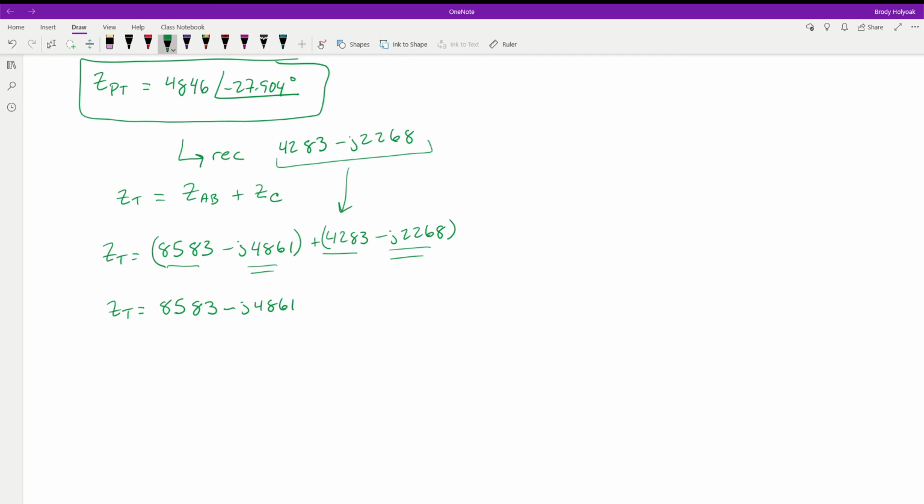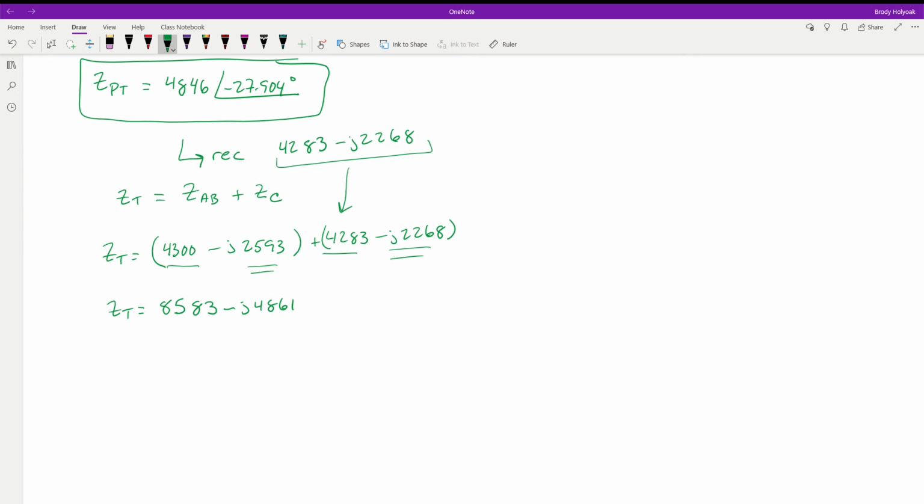So the impedance I wrote down was wrong, and again, I apologize, I'm reading my notes backwards. The impedance that we found earlier for A to B was 4300 minus j of 2593. Now when we add those together, they're going to give us the correct value. Again, I apologize for that error.